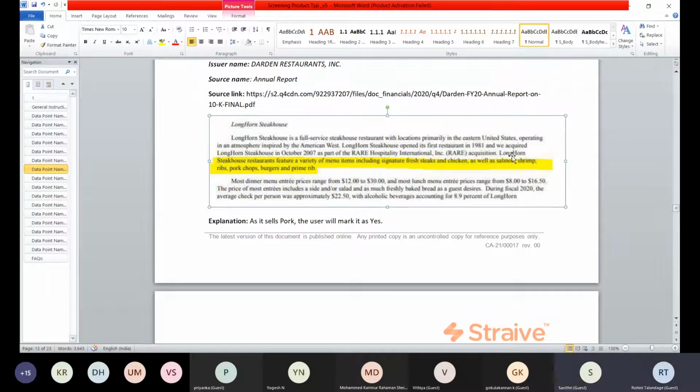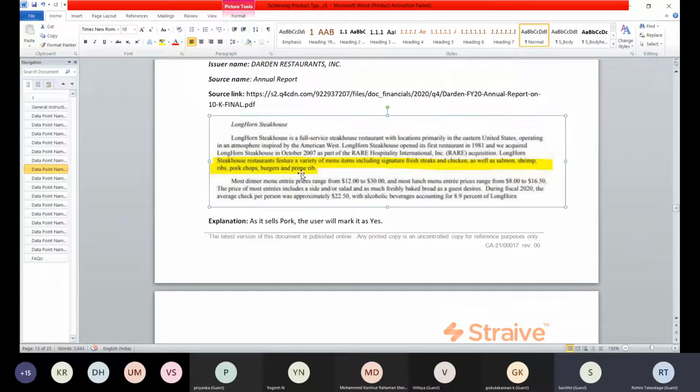Now here what they are saying is Longhorn Steakhouse restaurants feature a variety of menu items that include fresh steaks or chicken, as well as salmon, shrimp, ribs, pork chops.